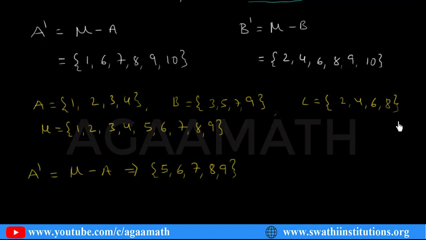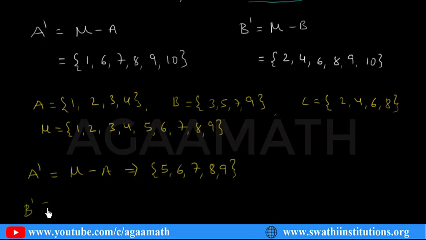Sometimes they may not give you the universal set and still ask to find A complement or B complement, so you can frame a universal set according to the given sets, which should be subsets of it.